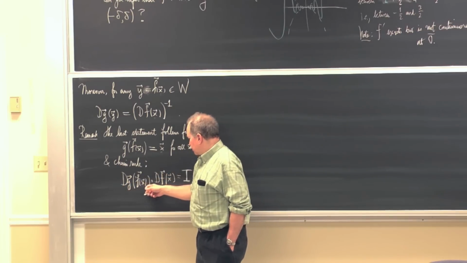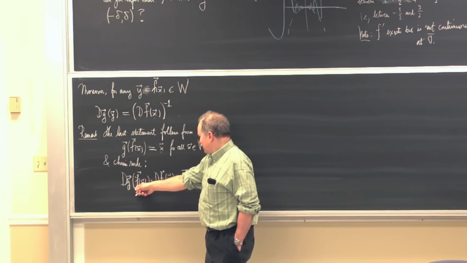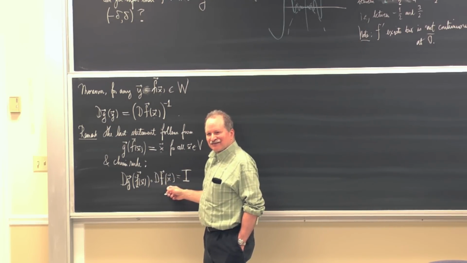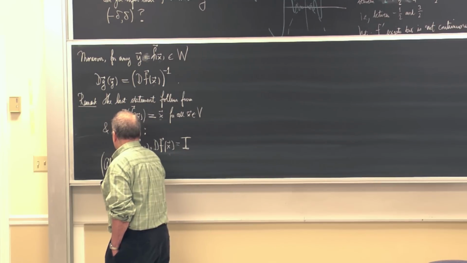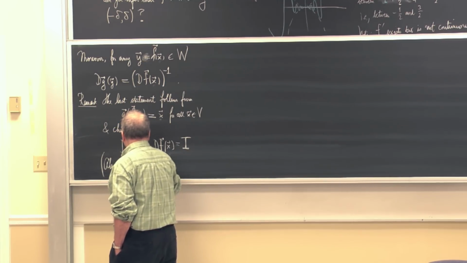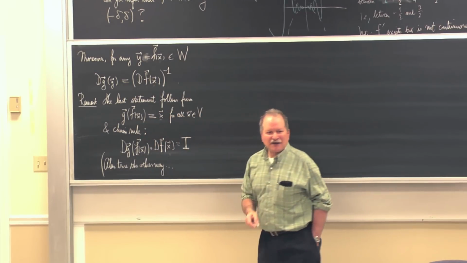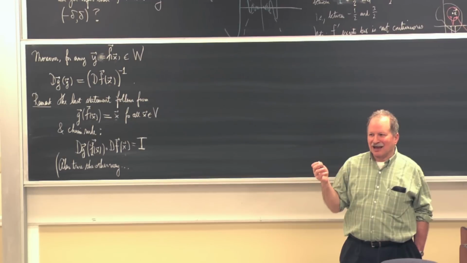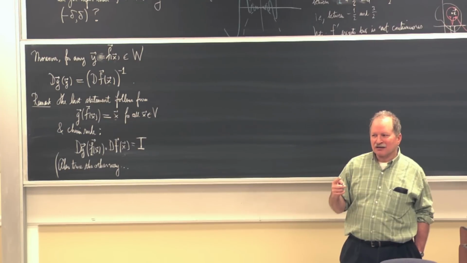So now, this isn't quite enough to say that this is the inverse of this. You can do it the other way, or you can remember, what did we prove finally in chapter 4? If you have square matrices, and you have a linear map that works as an inverse on one side, then it is the inverse of the other.